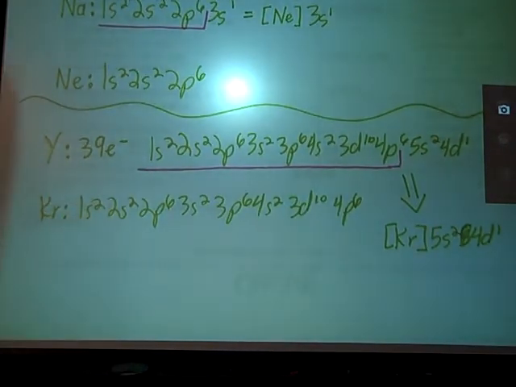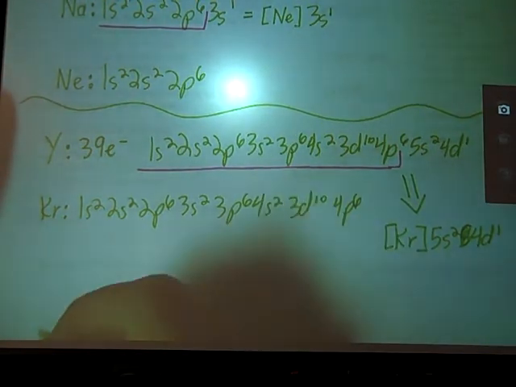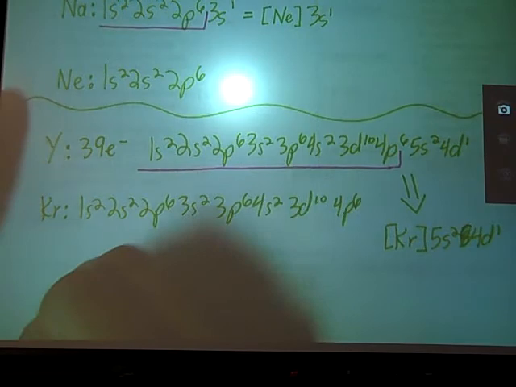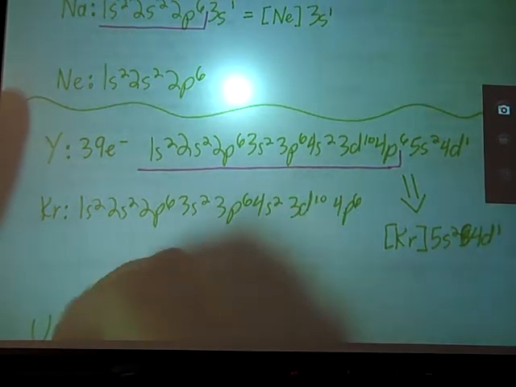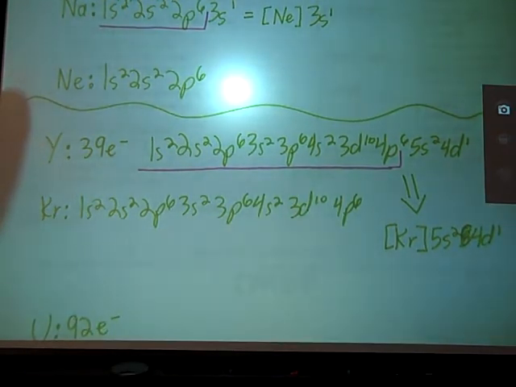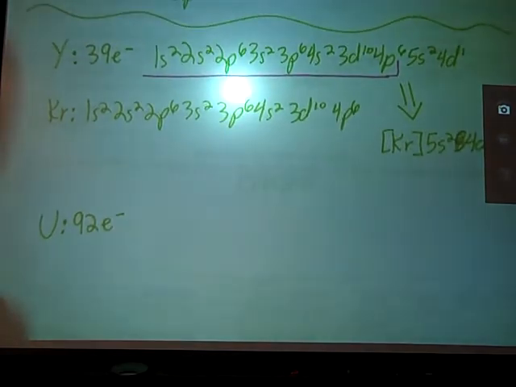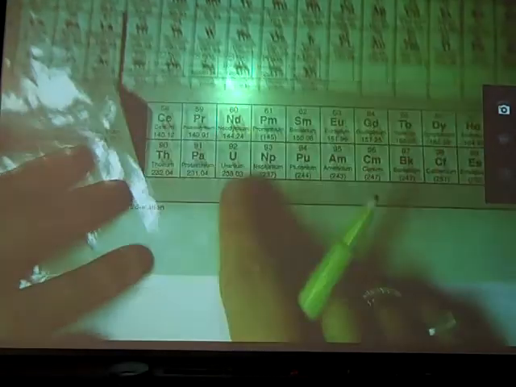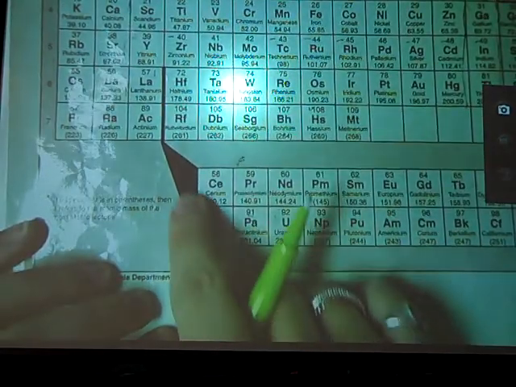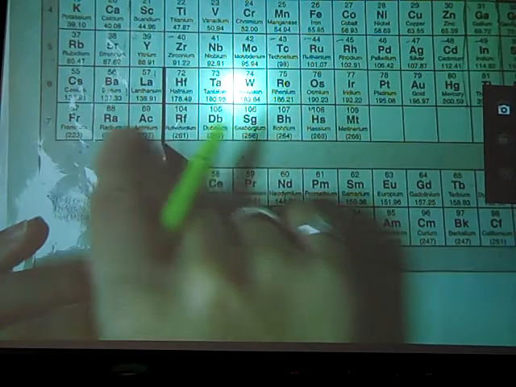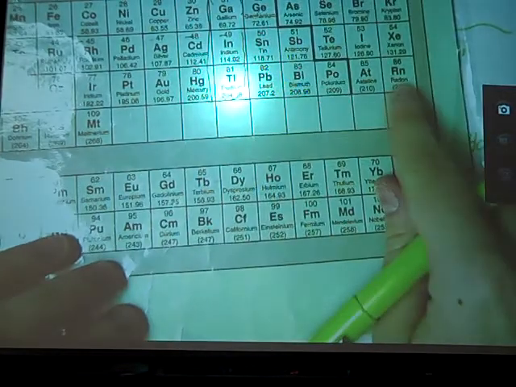Let's do one more, and we'll jump straight to the Noble Gas Configuration this time. Let's do something scary. Uranium. Uranium's really scary if you have to write the entire config because it has 92 electrons. That is a heck of a lot of electrons. So it's down here on our second F level. So let's follow our periodic table up, 7th row, back around.